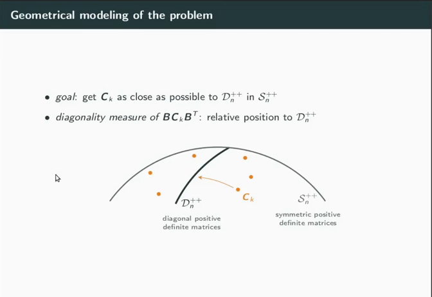And we can see the diagonality measure of the transformed matrices B C_k B transpose as the relative position with respect to the set of diagonal matrices.